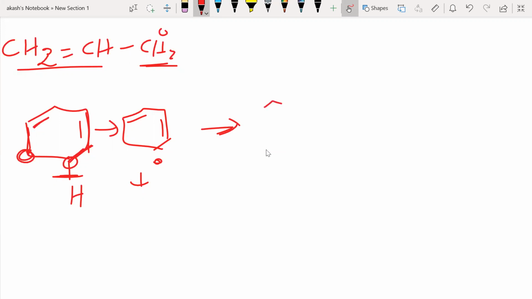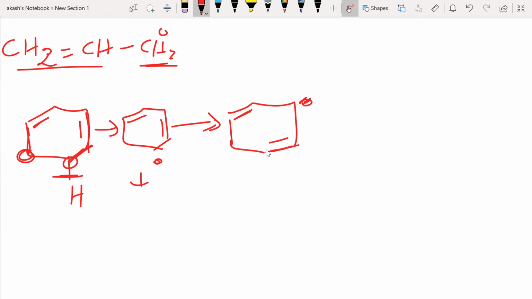You will see that there'll be a double bond here, and a radical formed here, and this double bond still stays. So again, this is another position where you can get the double bond.